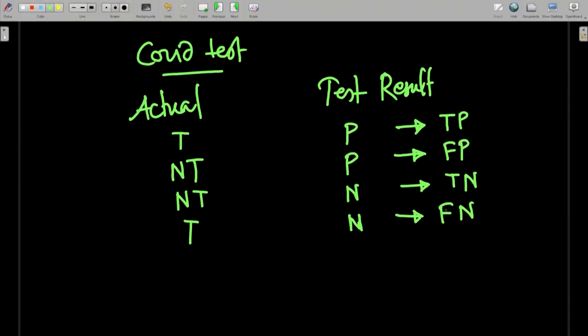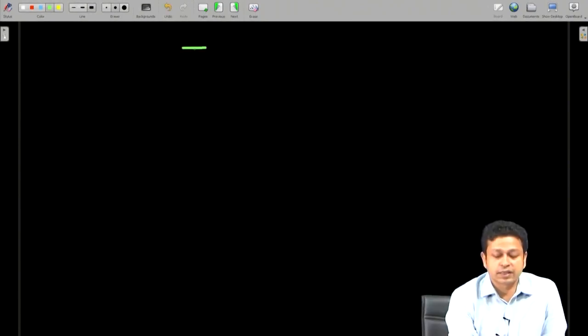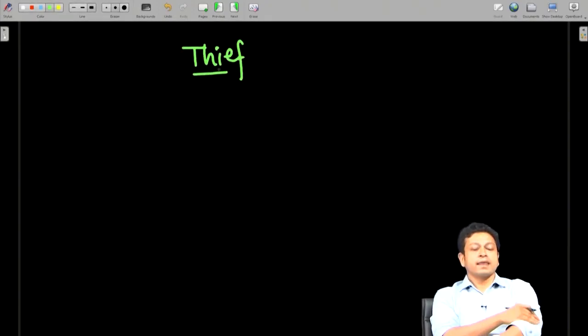This is what we have to understand, how we interpret true and false positive and true and false negative. Let me give you another example, and this is also a pretty common example that we use, an example of a thief.